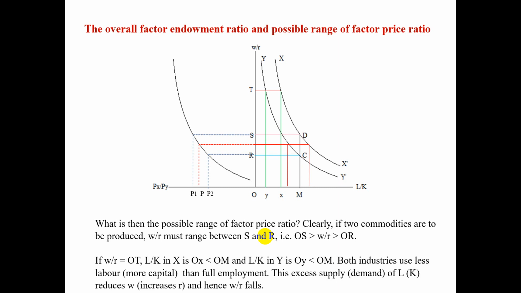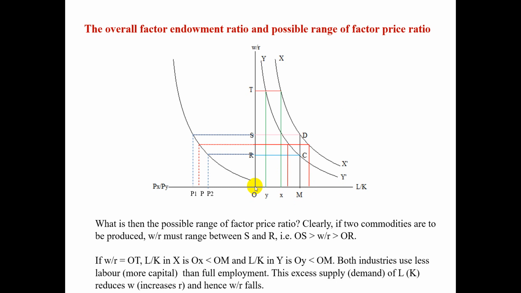Now here, let us assume that the labor capital ratio for the country is equal to OM. So this is the overall labor capital ratio. Some of this labor capital ratio will be used in the X industry and some will be used by the Y industry.